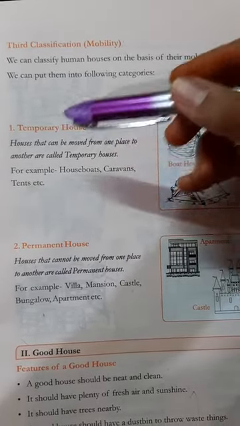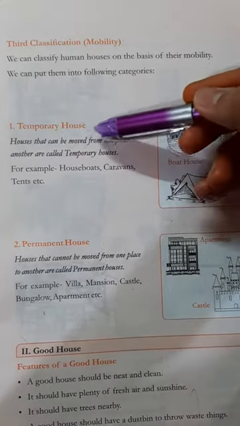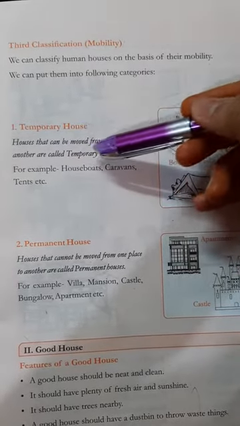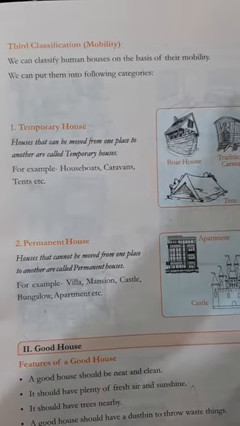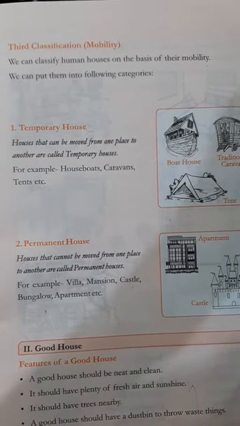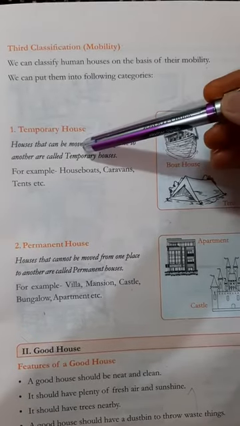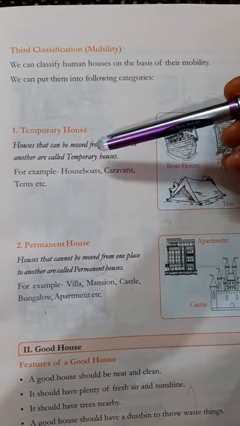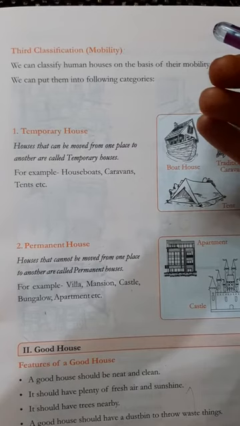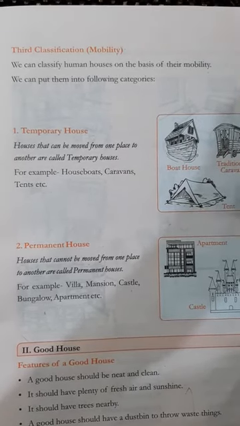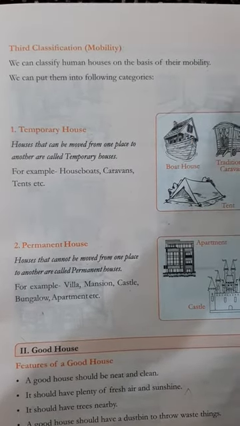Temporary house. The houses that can be moved from one place to another are called temporary houses. These types of houses can be easily moved from one place to another place.